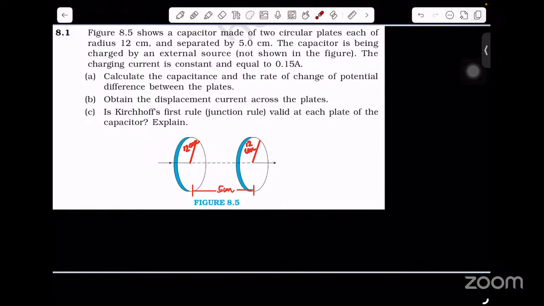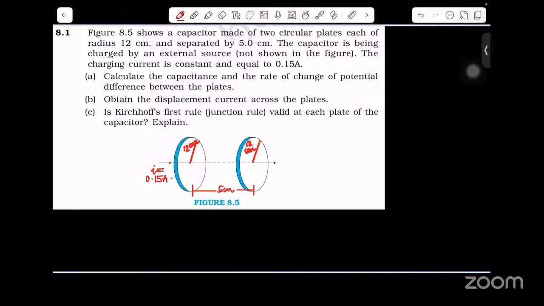Next, the capacitor is being charged by an external source, which is not shown in the figure, and the charging current is constant and equals 0.15 ampere. So we have a charging current over here, which is 0.15 amperes.